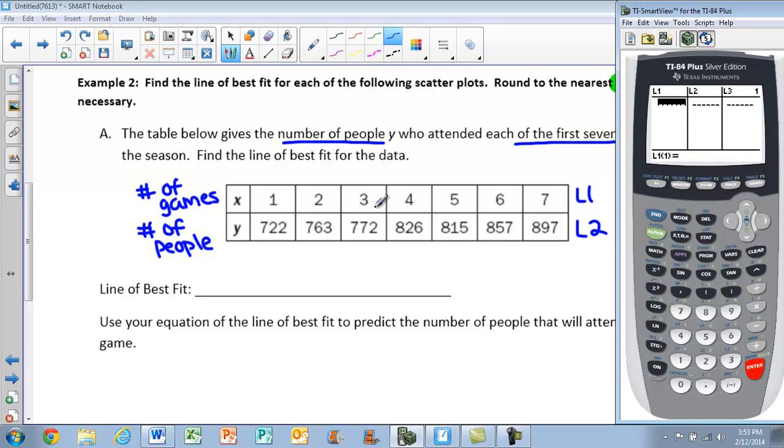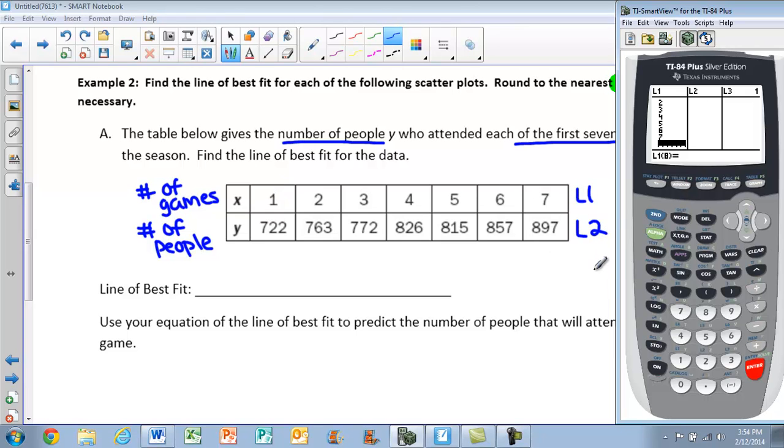Okay, so for L1, all we're going to do is enter in 1 through 7. To enter this data, we'll just hit it one at a time. So we'll press 1, enter. 2, enter. 3, enter. 4, enter. 5, enter. 6, enter. And lastly, 7, enter. Okay, so we just entered all of our X values, 1 through 7.